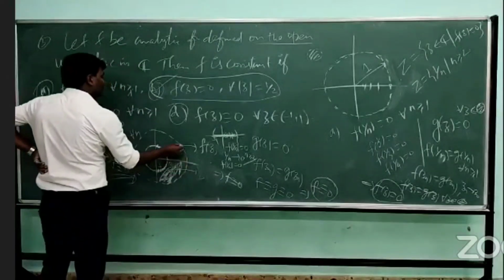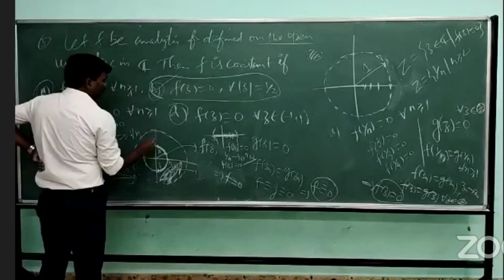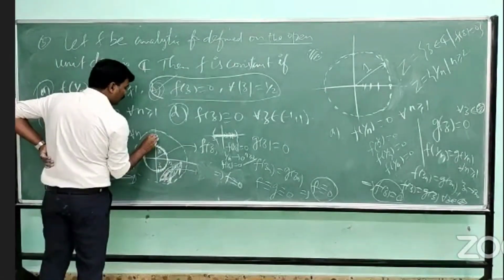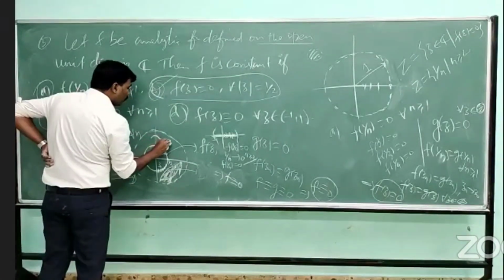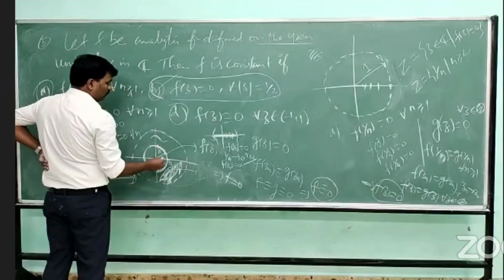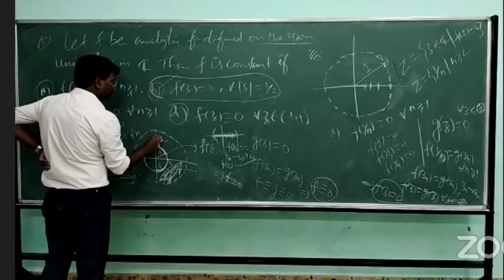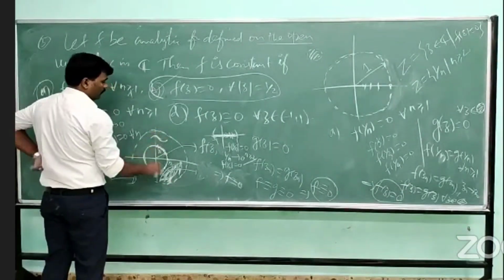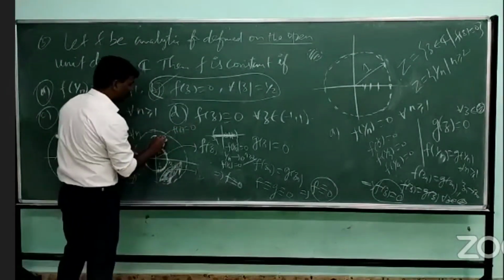Okay, this is our open unit disk. f is vanishing on this arc. Here, f of z equals 0 for every element in the arc.